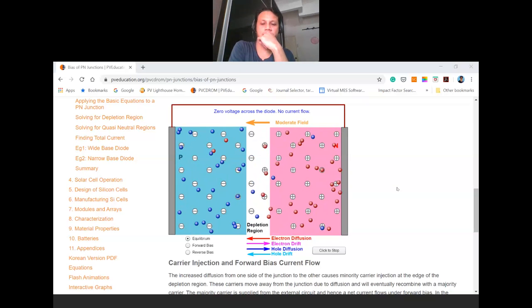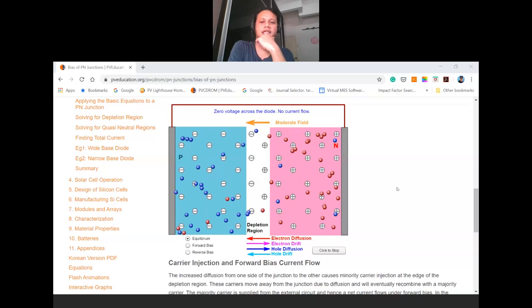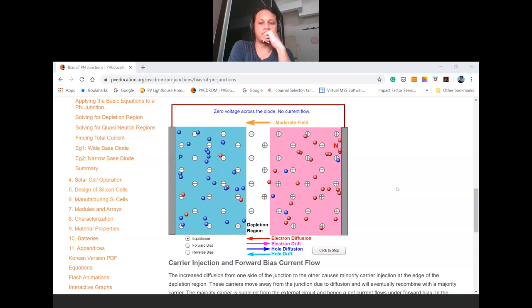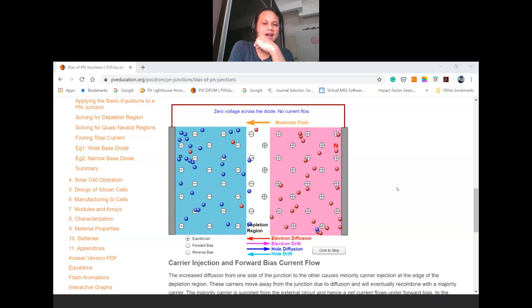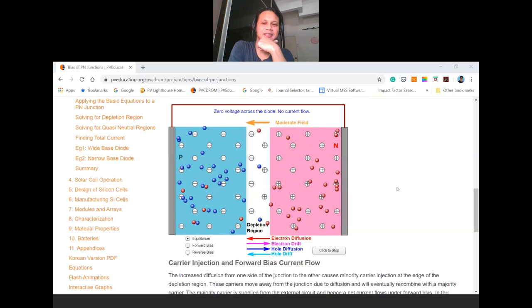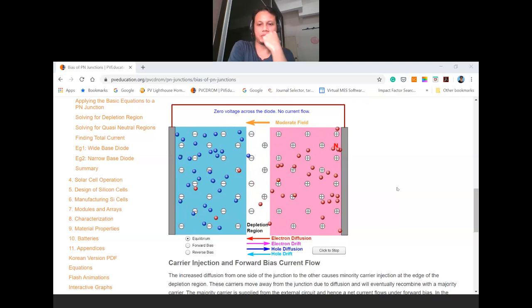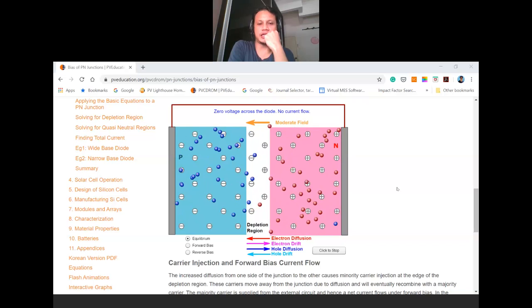What do you think is the reason? We have learned that at thermal equilibrium they're not supposed to cross, right? Because of, Farah, any idea? Different charges. Yes, different charges at the junction.